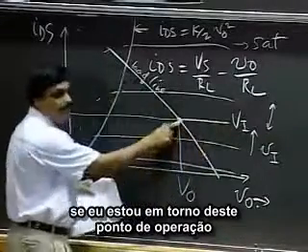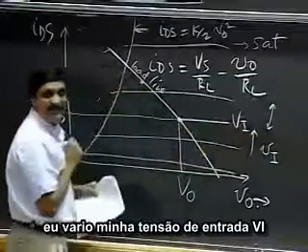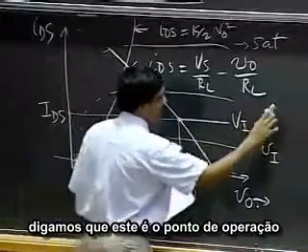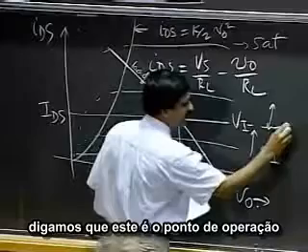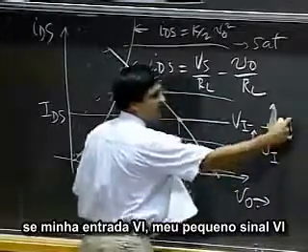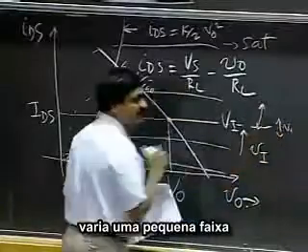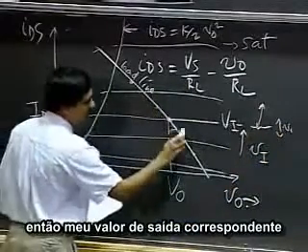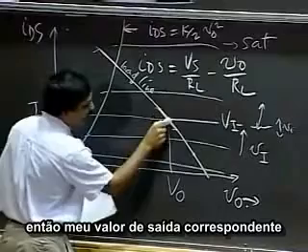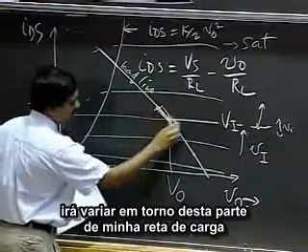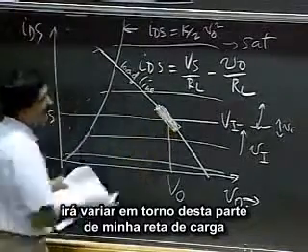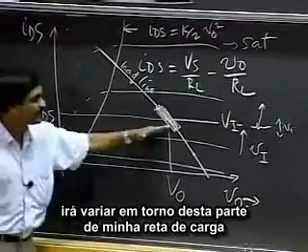If my small signal VI varied about this operating point over a small range, then correspondingly, the output value would vary about this part of my load line.